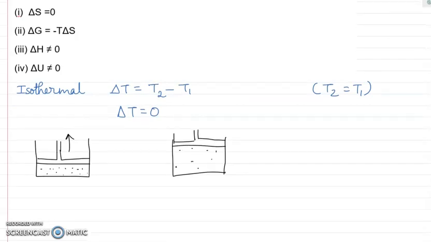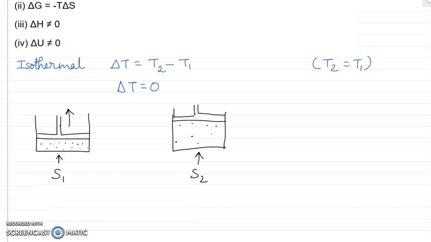So we can say that in this case, entropy depends upon randomness. Here, gas particles will have less space to move, so there would be less randomness, S1. And in this case, the entropy would be greater because now the gas particles have more space to move. So we can say that S2 is greater than S1.